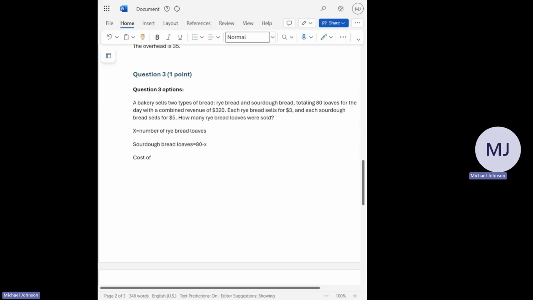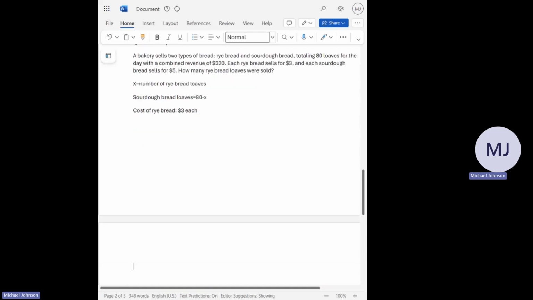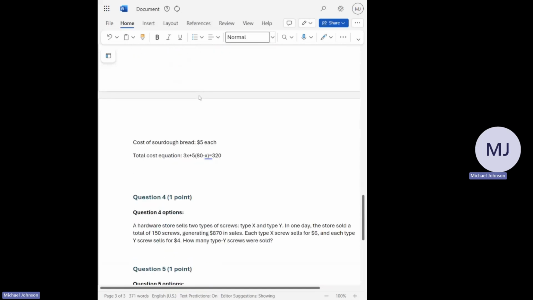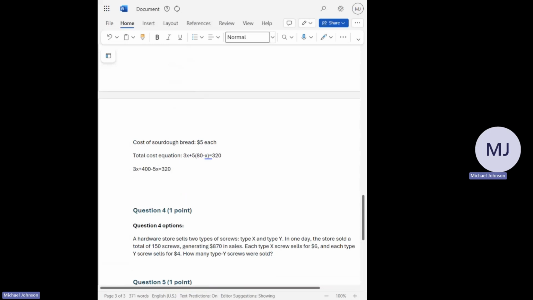Cost of rye bread is $3 each. Cost of sourdough bread is $5 each. So the total cost equation is 3x plus 5 times (80 minus x) equals 320. You want to rearrange that, so you expand it out to 3x plus 400 minus 5x equals 320.